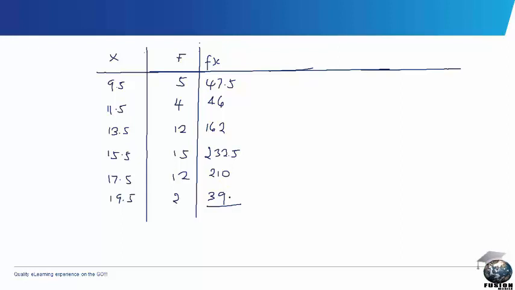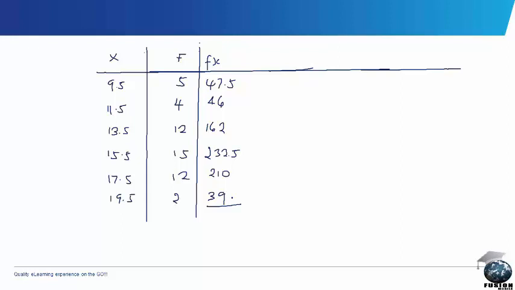And so we start to compute by adding together the values of fx, so that we can get summation fx.